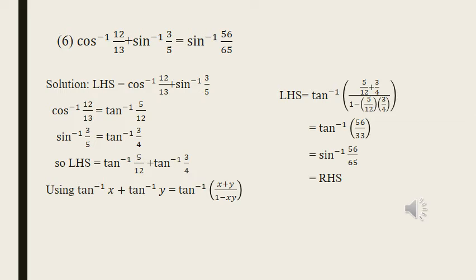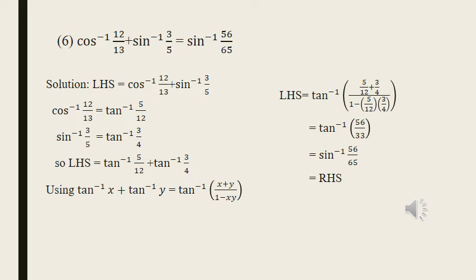Now, tan inverse 56 by 33, how do we write in terms of sine inverse? Here, you draw a right angle triangle, mark theta, then tan theta is 56 by 33. So opposite side is 56, adjacent side is 33.